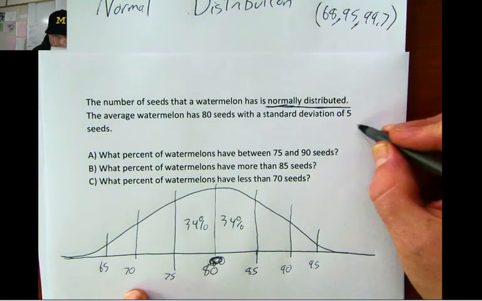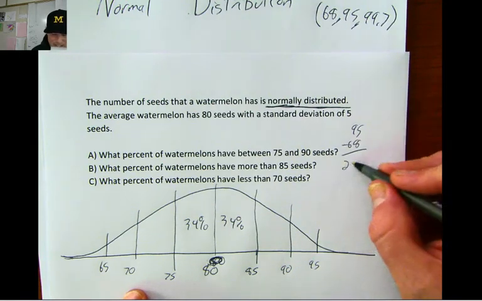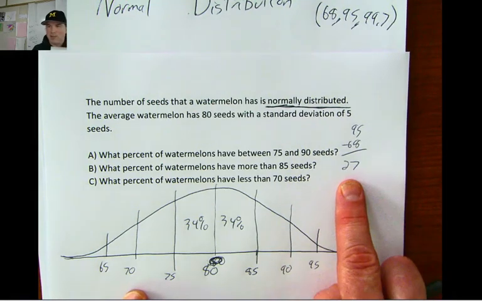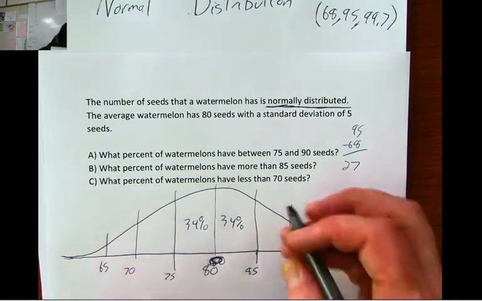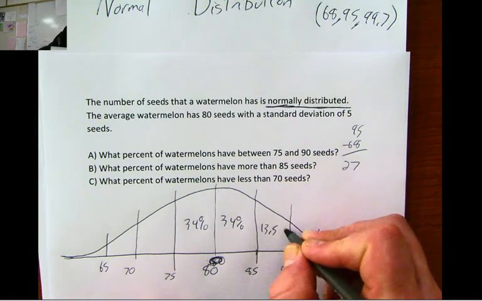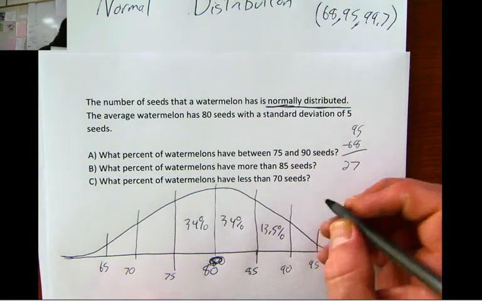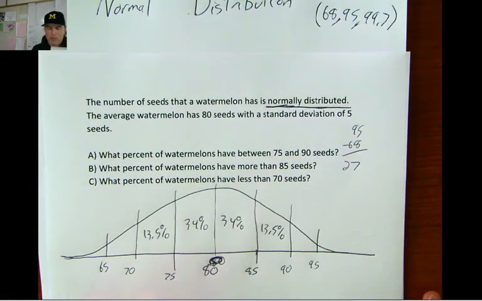And if you go 95 minus 68, you get a 27, which means 27% of the data is unaccounted for, which goes here and here. So that's half of 27, which is 13.5%, so 13.5% of the data and 13.5% of the data.